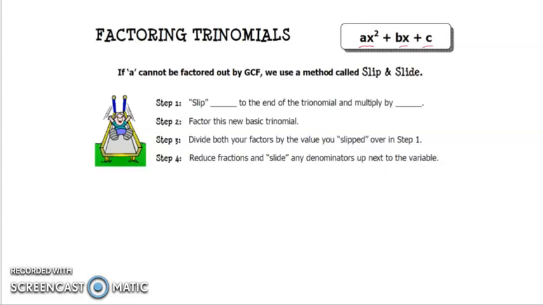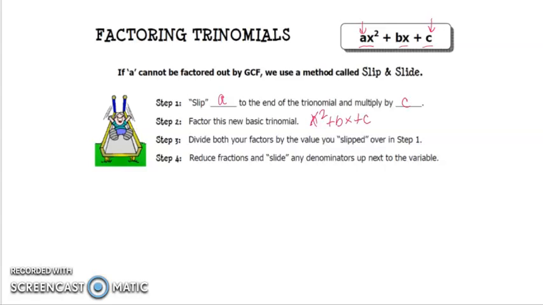We're going to slip your a term, that'd be the coefficient in front of your x squared, to the end of the trinomial and multiply it by your c term. That's your constant value. After that, we're going to have a basic factoring of just a regular x squared plus bx plus c.